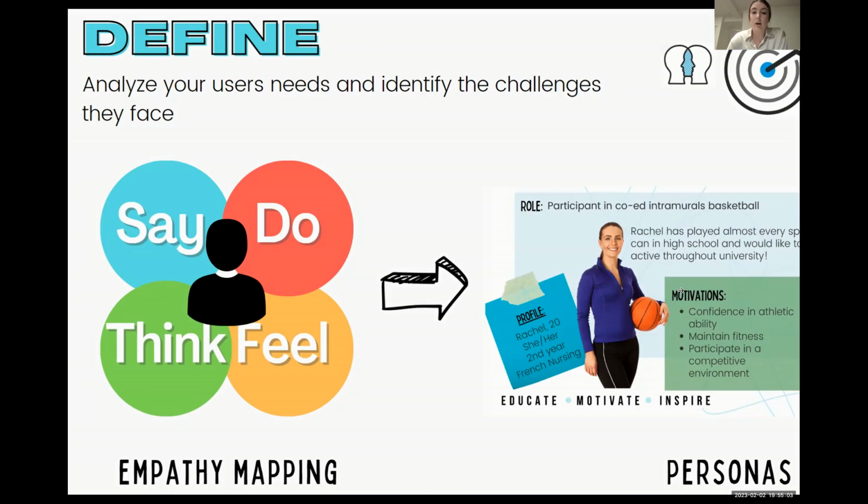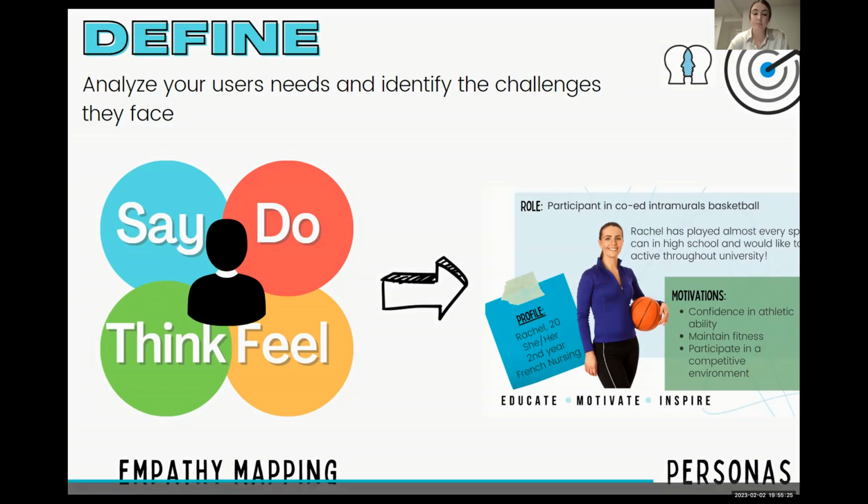On the right-hand side here, this is an example of a fictional persona that we created. We did 3 different ones, but the purpose of these is to reflect the user's experiences, not necessarily just one person's, but grouping behaviors, motivations, and common characteristics there.